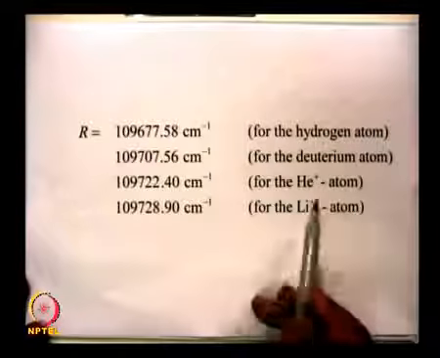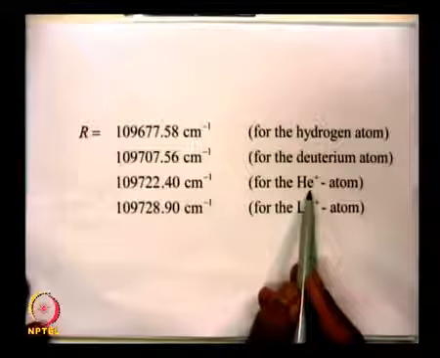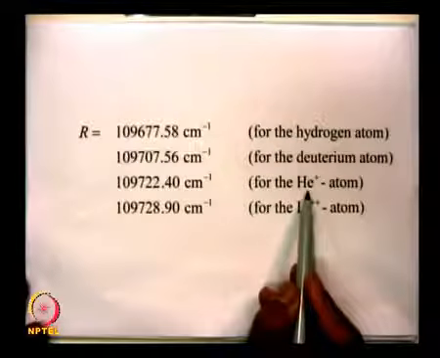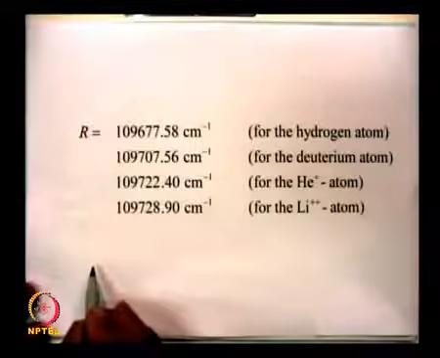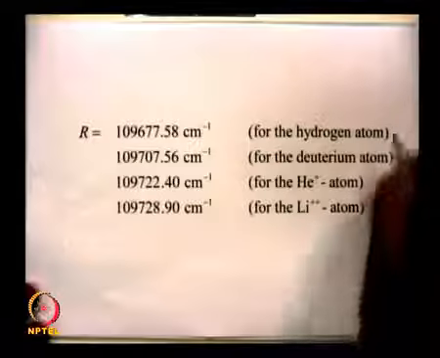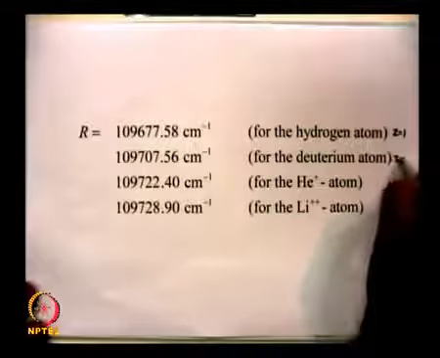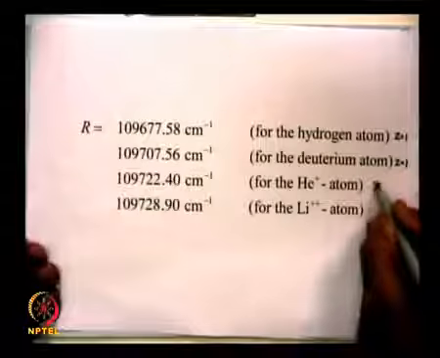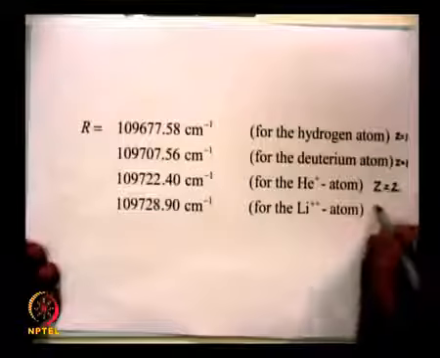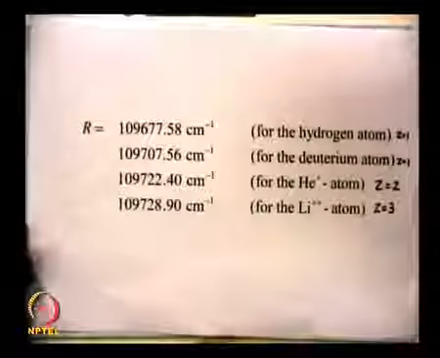For the helium plus atom, the nucleus consists of 2 neutrons and 2 protons, and in each case it is a single electron atom. Here Z is equal to 1, this is also Z is equal to 1, this is Z is equal to 2, and this is 3 protons in the nucleus, Z is equal to 3.